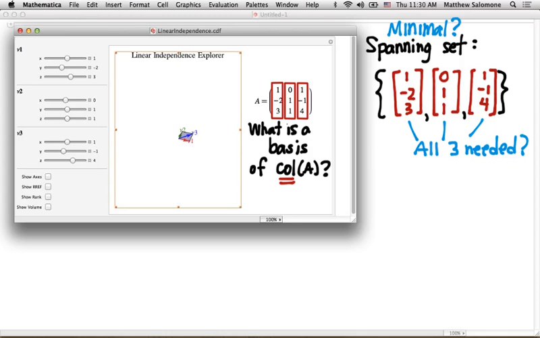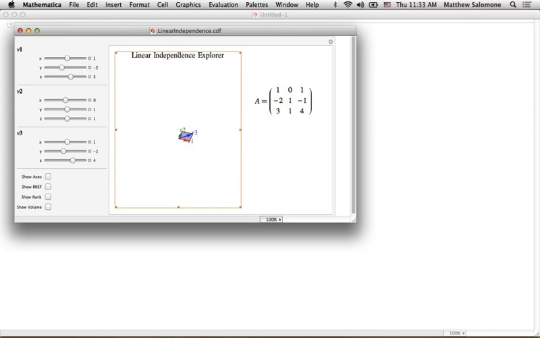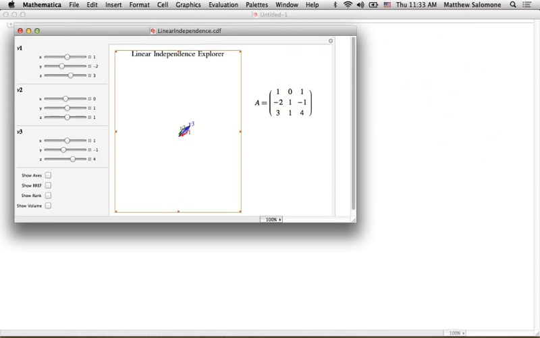So taking a quick look at the columns of this matrix arrayed as vectors in the XYZ space. Spin this around here. So if I look at these three vectors drawn in 3 dimensions, how does it look like they're arranged with respect to one another?